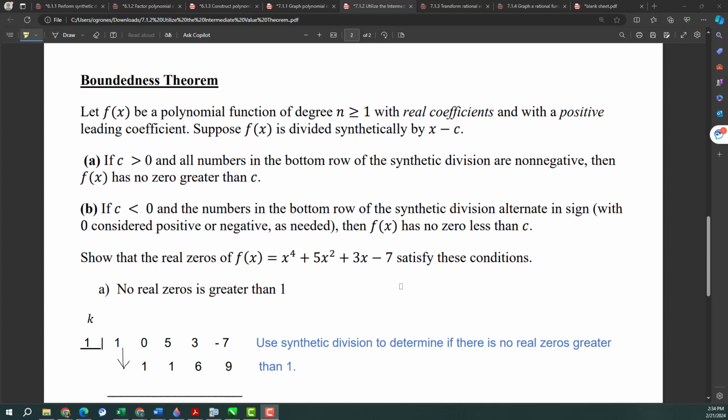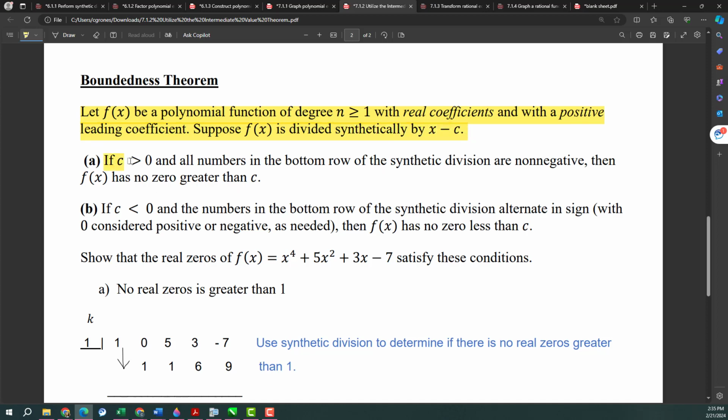The boundedness theorem says let f of x be a polynomial function of degree n, where n is greater than or equal to 1, with real coefficients and with a positive leading coefficient. Suppose f of x is divided synthetically by x minus c.